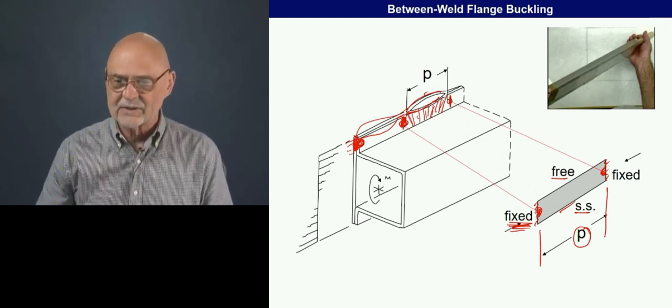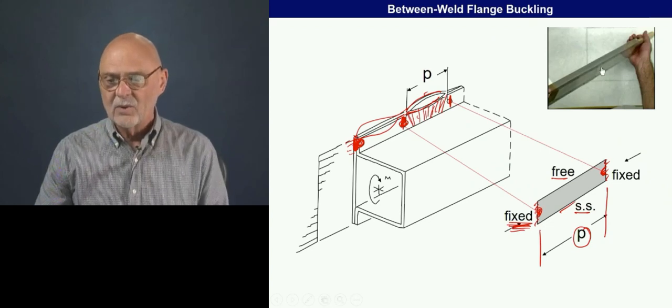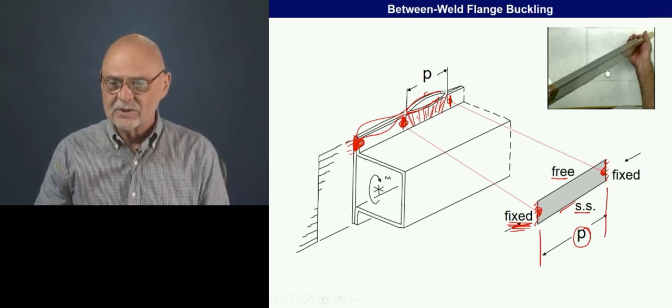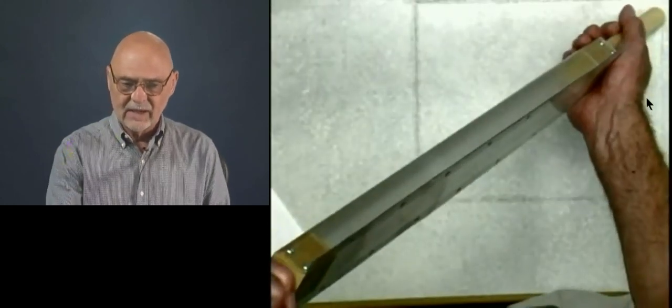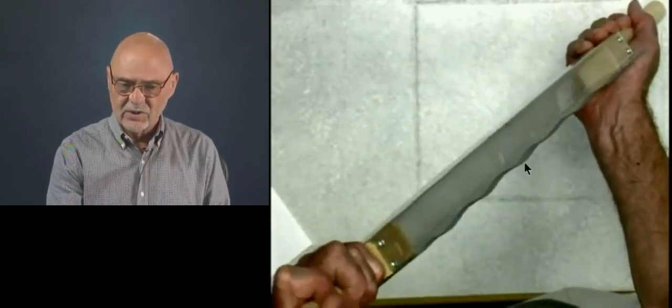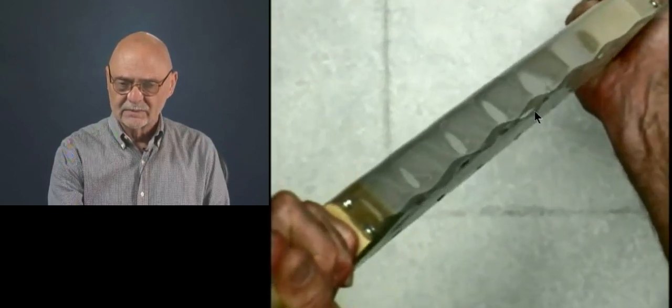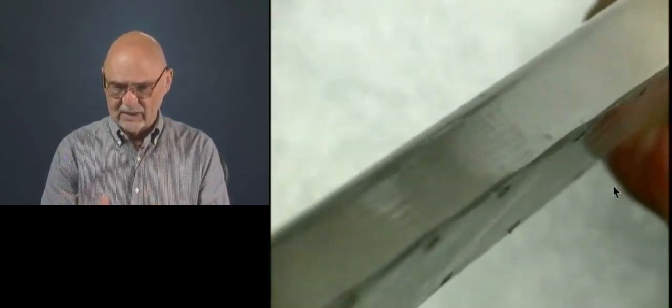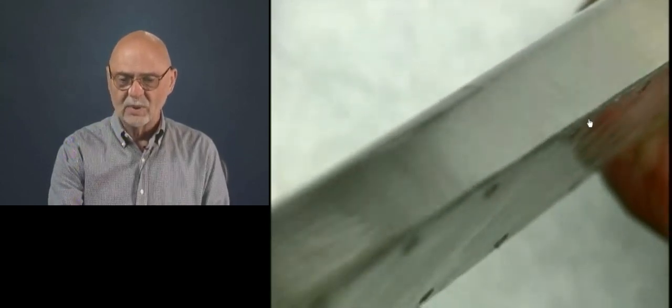So I have a little animation of this, or a video here. We'll be able to look at the top flange right about where I'm pointing right now, and we'll see that. There we go, right there. So you see there, the two little flanges are working independently of one another, and we have no change in slope at either end of that little plate.